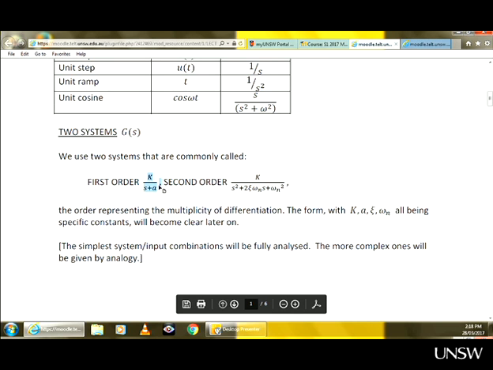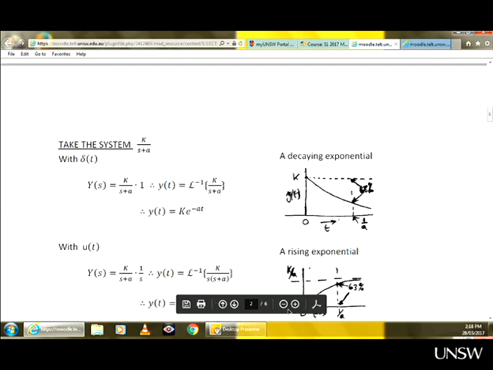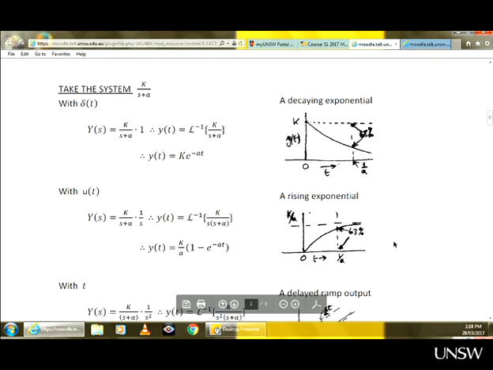So if the system is given as K over s plus a, which is a first-order system, then we applied each of these inputs listed above, and we realized how those systems behave. And we tried to separate the steady-state part from the transient part of the response.